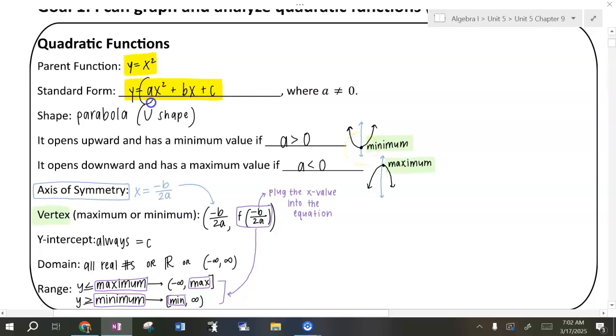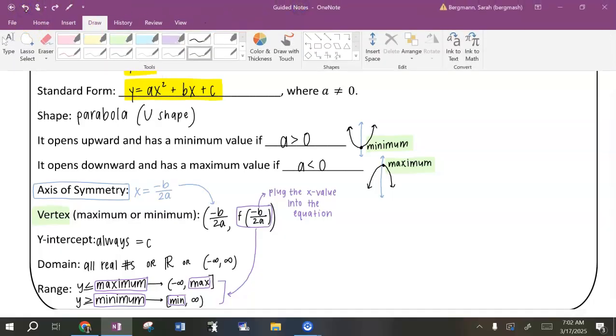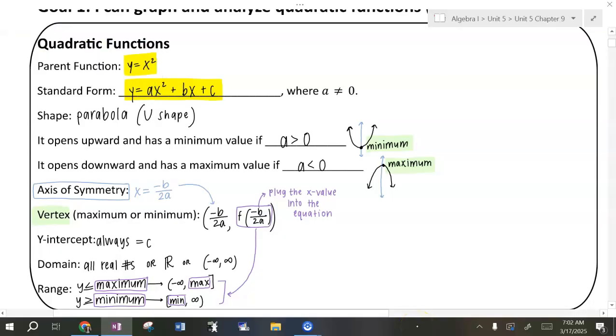So if this first number here, the leading coefficient, is positive, then that means it's going to open up, a normal U. But it's going to open downward and have a maximum value if the a value is less than 0, or in other words, if that a value or leading coefficient is negative. So you'll notice the shape that opens up has a minimum, and the shape that opens down has a maximum.